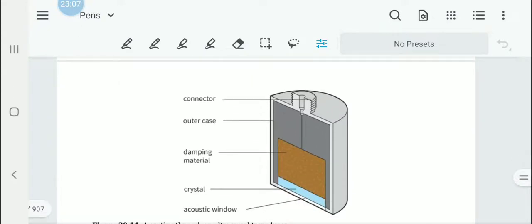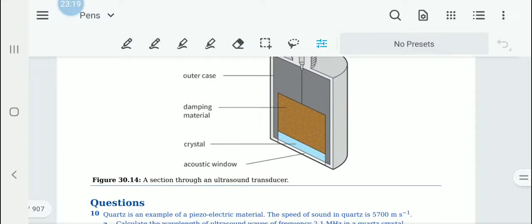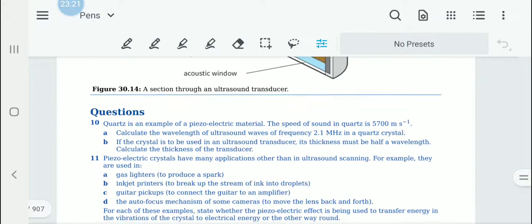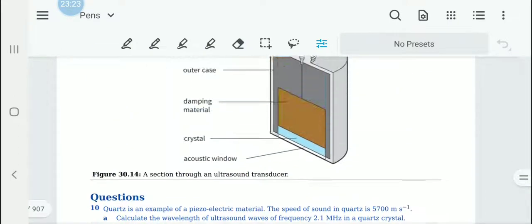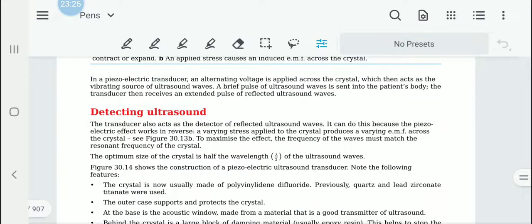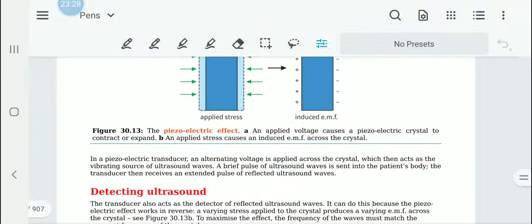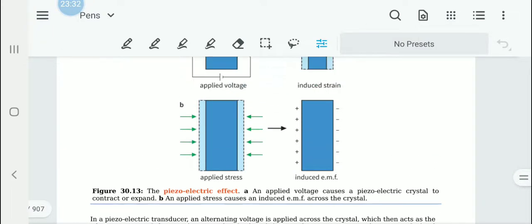If it was vibrating, that is going to be a problem, because then it cannot detect it. So after sending it, the vibration should be damped and the crystal allowed to respond, to detect what is incoming.